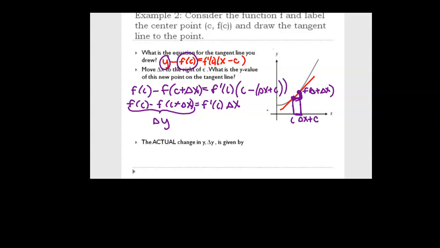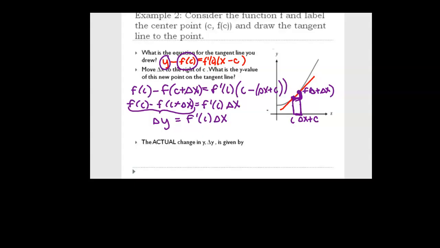So this is delta y, f prime of c times delta x. Go back and think about what we said delta represented in old school. Delta y and delta x represent the change in y over the change in x. And what does f prime represent? The derivative. The derivative represents the slope.